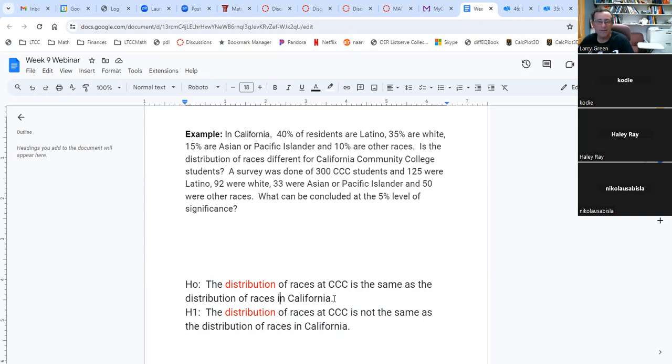H1, the alternative hypothesis, is: the distribution of races at California community colleges is not the same as the distribution of races in California. Just note, I highlighted the word distribution.